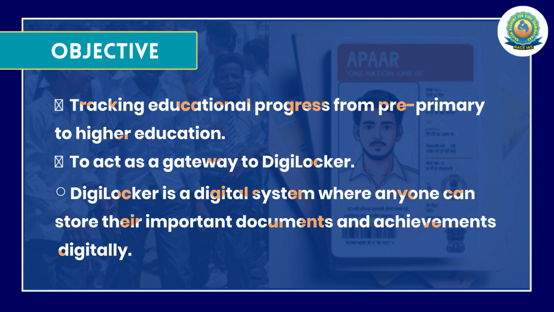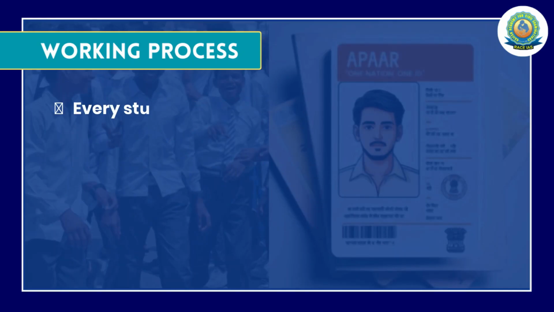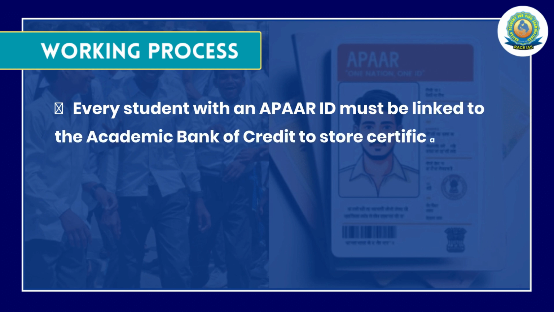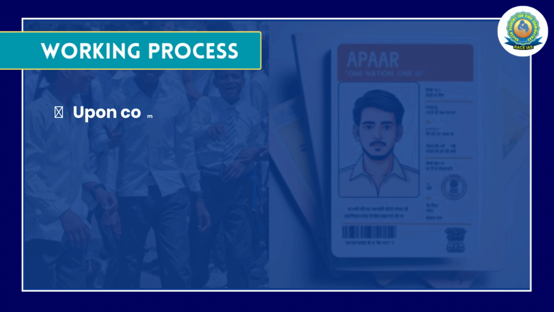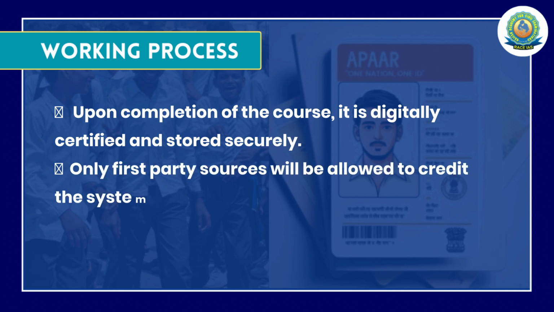Now, it's time to focus on the working process of it. Every student with an Apaar ID must be linked to the Academic Bank of Credit to store certificates and credits. Upon completion of the course, it is digitally certified and stored securely. Only first-party sources will be allowed to credit the system, ensuring authenticity.